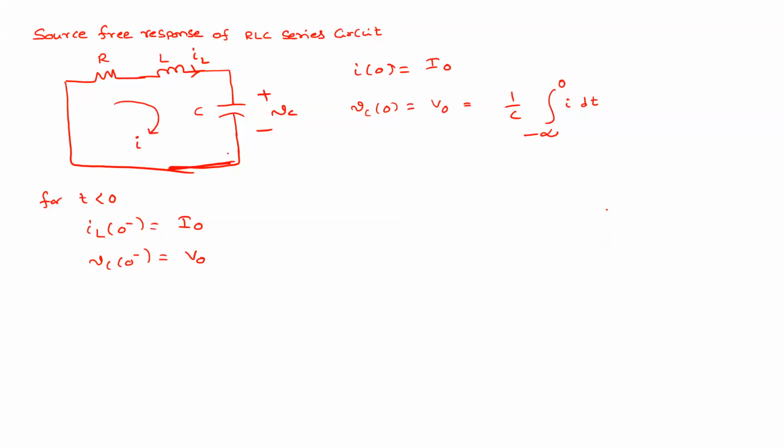So now if you apply KVL in this loop, what will you get? R into I, right? First term. L into di by dt, the second term. So what is the third term? It will be 1 by C integration of minus infinite to t, some I of x into dx, equal to 0.